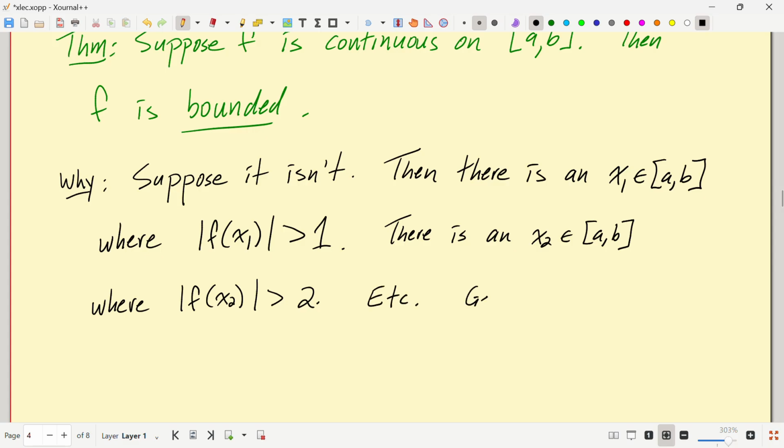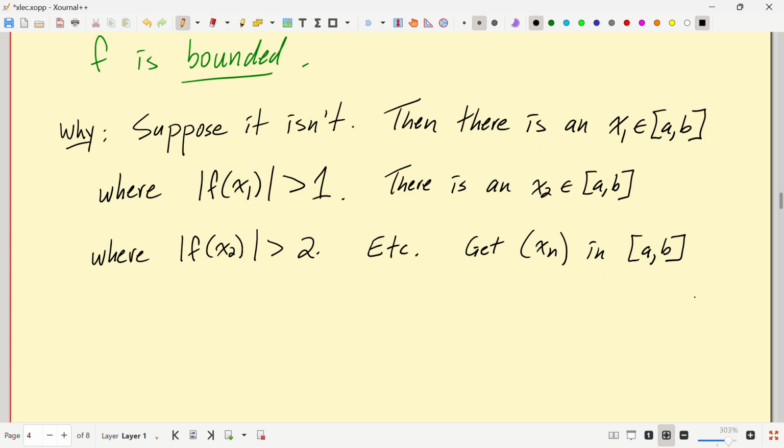I get a sequence xn of points in [a, b] such that the absolute value of f of xn is bigger than n. Well, xn is a sequence in a closed interval.